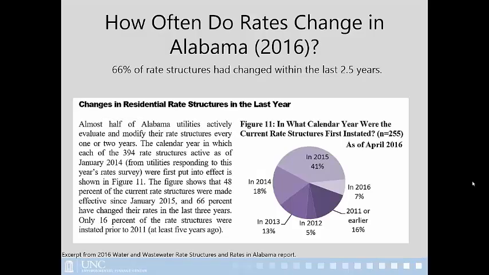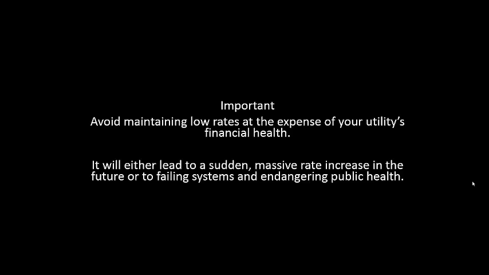Utilities in Alabama seem to be very active in raising rates or changing rates, maybe not specifically rate structures, but about 2/3 of the utilities in Alabama had changed or raised rates in the last 2.5 years. So within a 2-year or 2.5-year period, 2/3 of the utilities seem to have raised rates at least. It's a very common thing for Alabama.